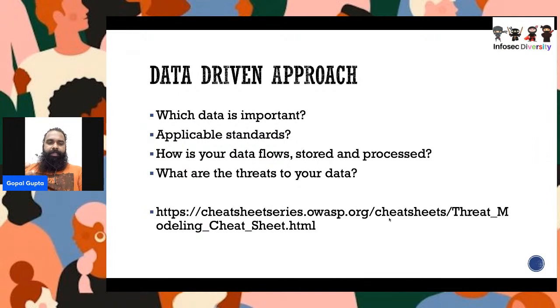All these three pillars related to confidentiality, integrity, and availability. You want to see how your data is being processed, stored, and flowing through the system. So the key is your data. You trace the data, you follow the data, and wherever it is going, you keep check of those points.